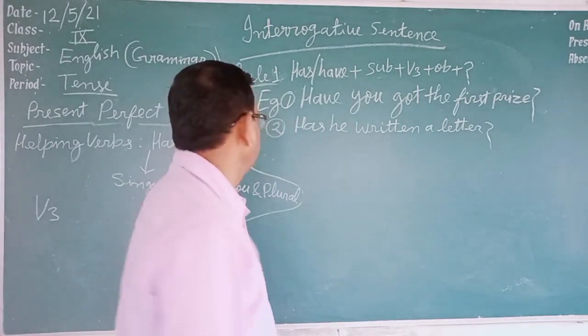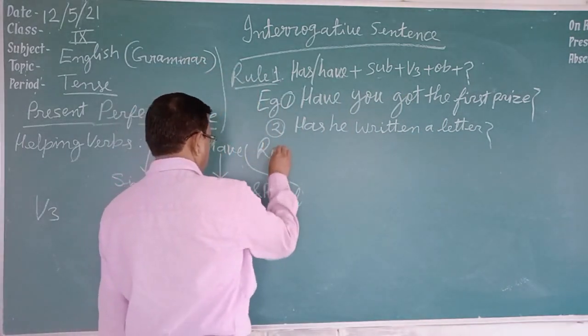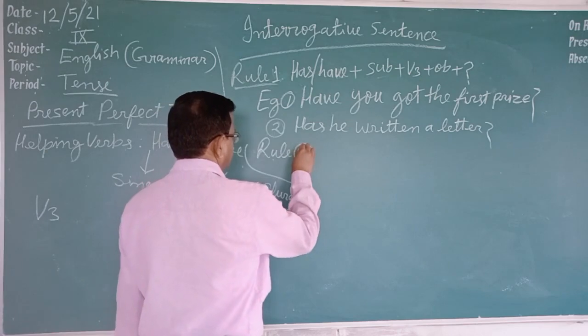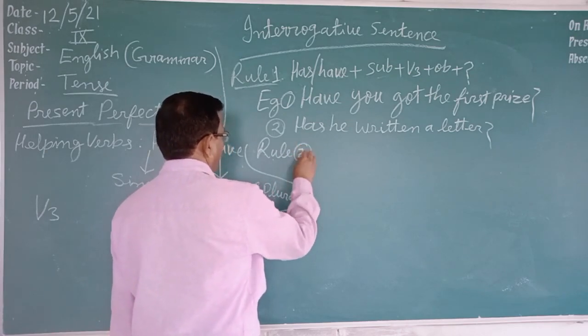Now write the rule of the second type of interrogative sentence. Rule 2: when the sentence starts with a question word.